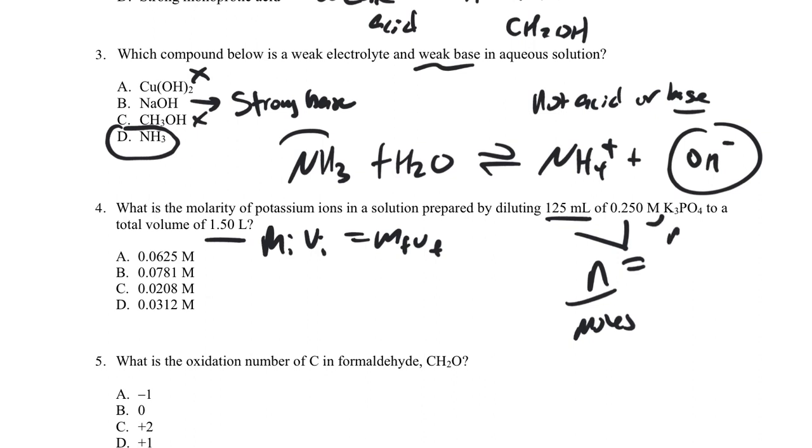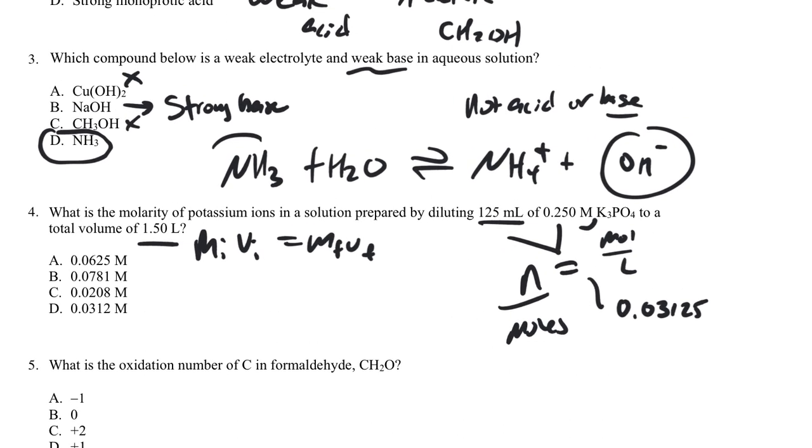This M is moles per liter, moles of K3PO4 per liter of that solution. And so the number of moles here is 0.03125 moles of K3PO4 present in that solution that we're diluting. And we're diluting that number of moles to 1.50 liters total volume.